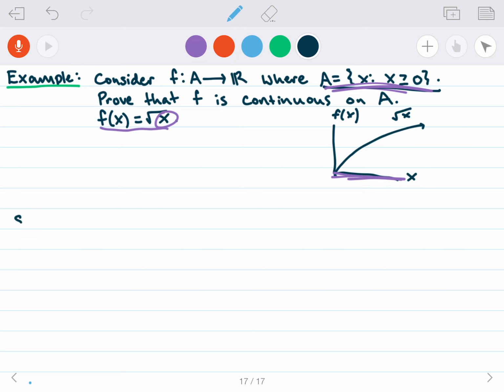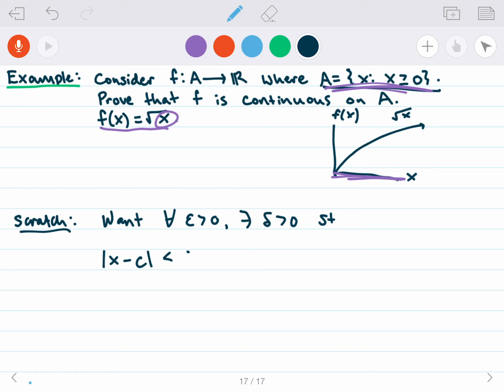All right, so let's do some scratch work to see how to do this. So what do we want? We want, for all epsilon bigger than 0, that there exists a delta bigger than 0, so that |x minus c| less than delta is going to imply that |f of x minus f of c| is going to be less than epsilon.